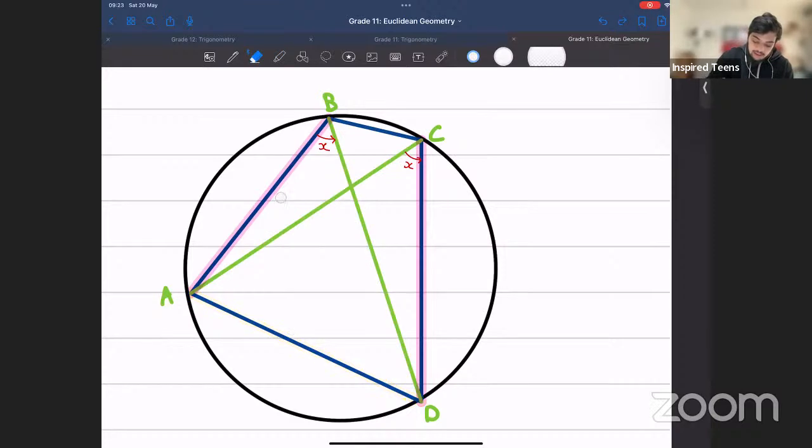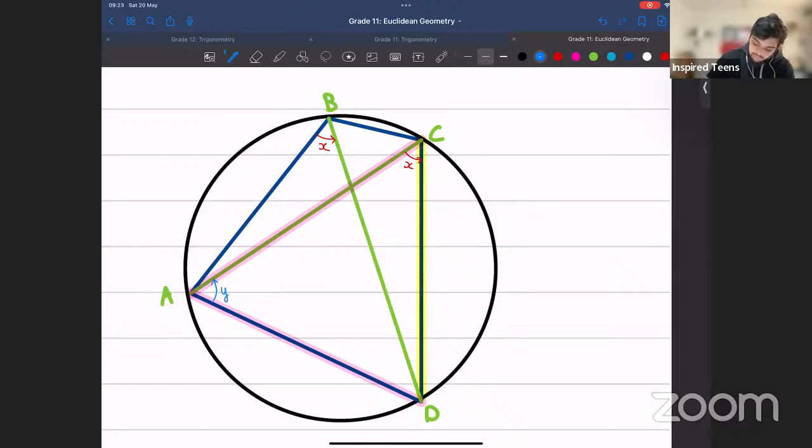It doesn't just end there with a cyclic quadrilateral. Let us work with a different chord. Let us work with CD as our chord, and I'm going to consider the angles that CD subtends. I'm going to follow it to A, from C and from D, and you'll be able to see that it subtends this angle here.